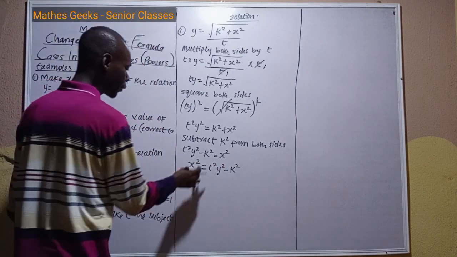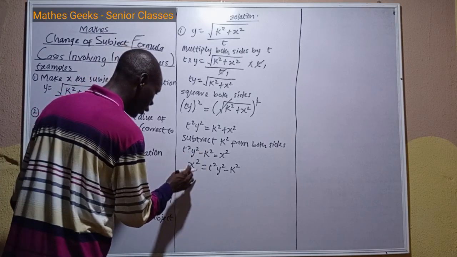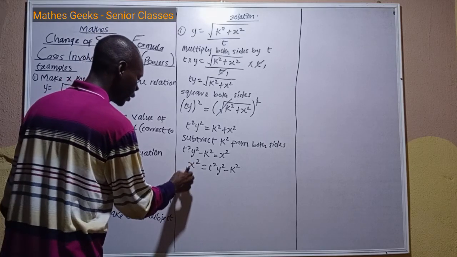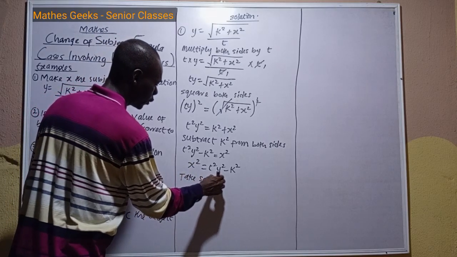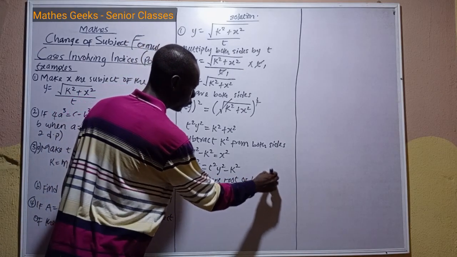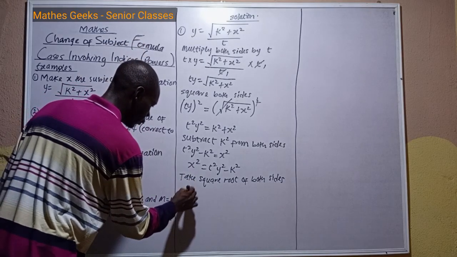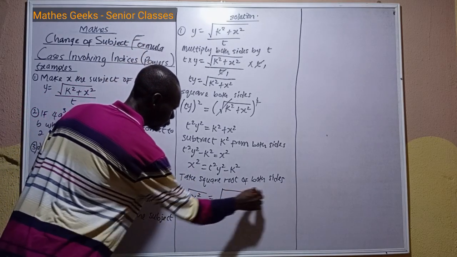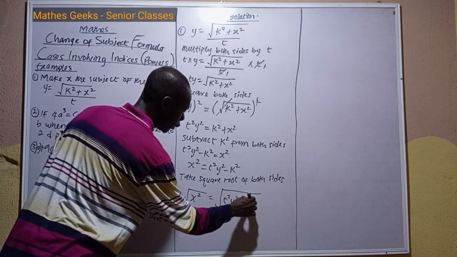Next is to take the square root of both sides because we want x squared to stand on its own. So we want to eliminate its power. To eliminate the power, we're going to take the square root of both sides. x is equal to the square root of t squared y squared minus q squared.